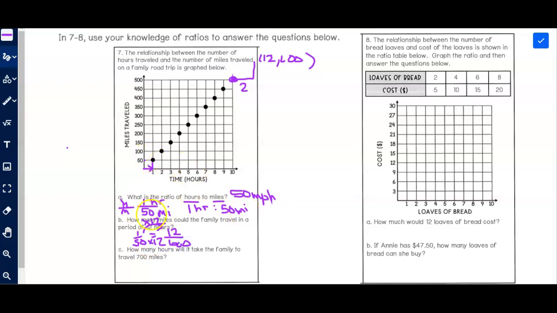So you'd use this 50 to 1 and you'd scale it up 12 times bigger because we want 12 hours. So we go from here up to 600 for 12 hours across. And if you reduce that fraction, it's 1 to 50. So it makes sense. So it would be 600 miles.